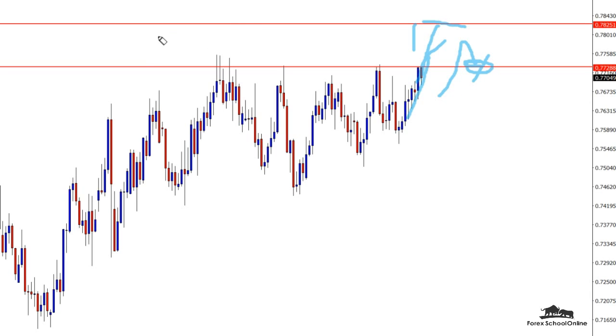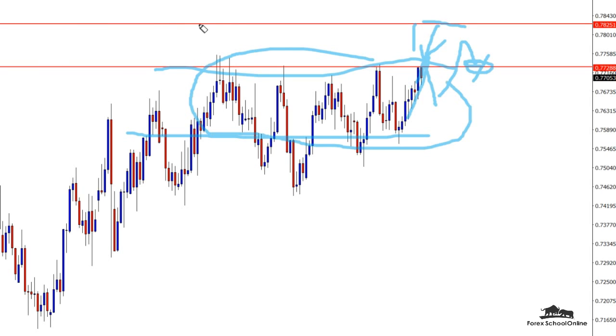However, if you are a very aggressive trader and you want to take bearish setups back into this congestion, you need to keep in mind that this is very, very tricky, and you need to keep in mind the market type you are trading into.